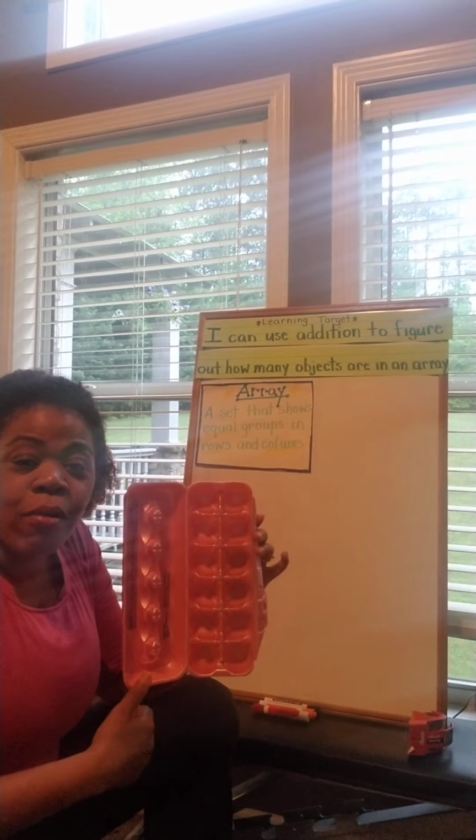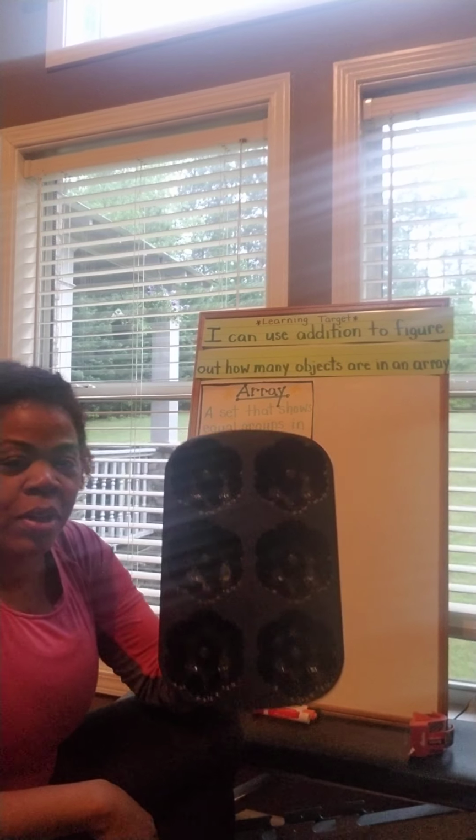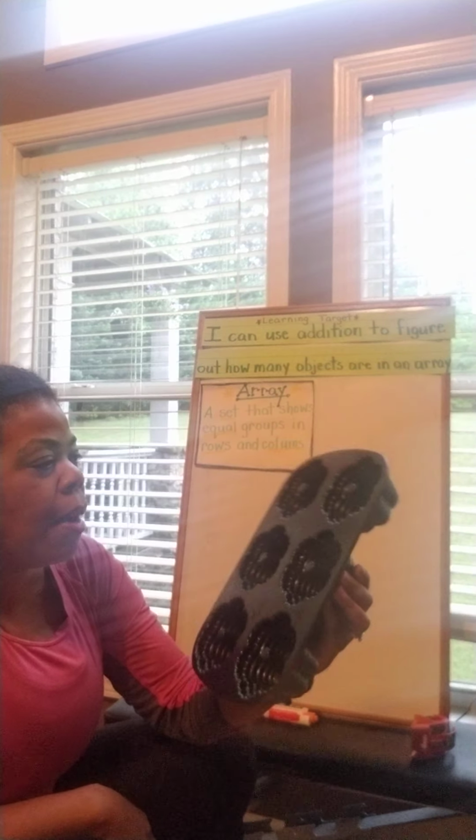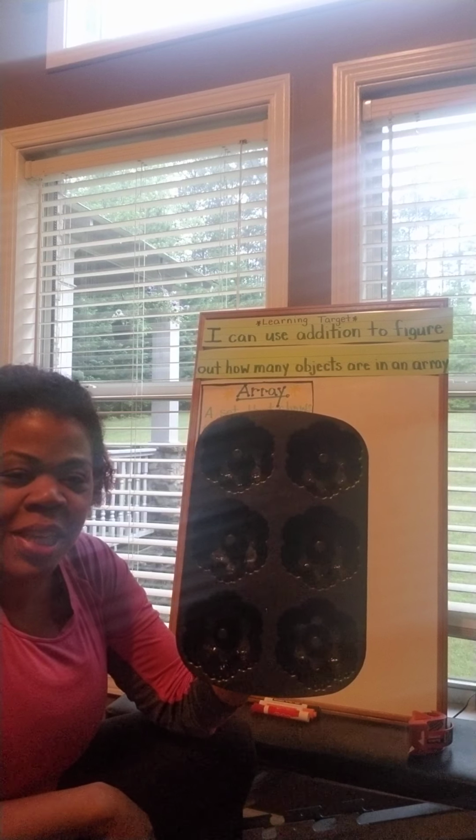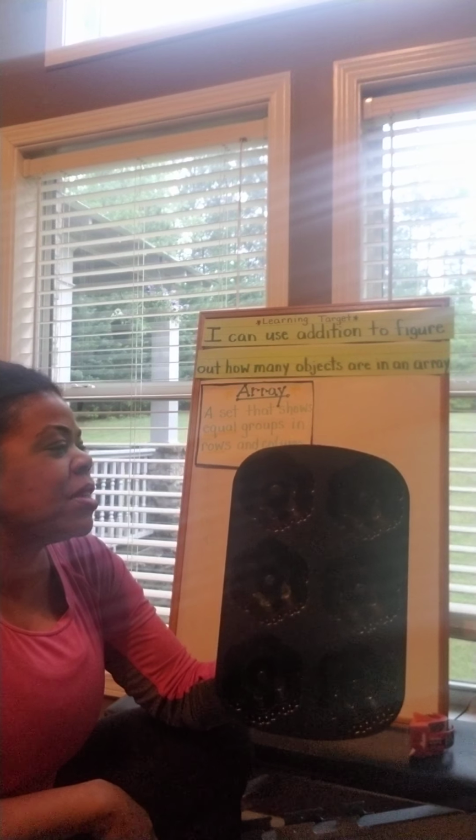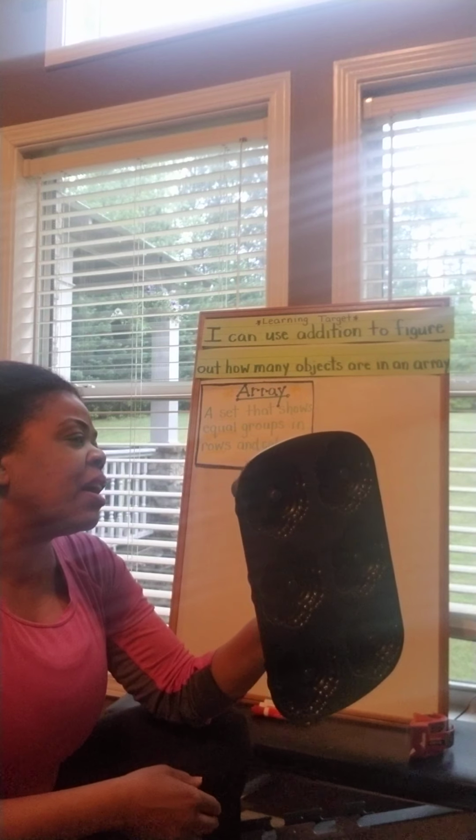Okay, so let's look at this one. I guess I should have started out with this one because it's less. This is one of Miss Russell's bundt cake muffin tins. It's actually kind of heavy. It's made from this thick kind of steel Nordic Ware. But anyway, here we go. If I turn it this way, we've got what? 3 plus 3.